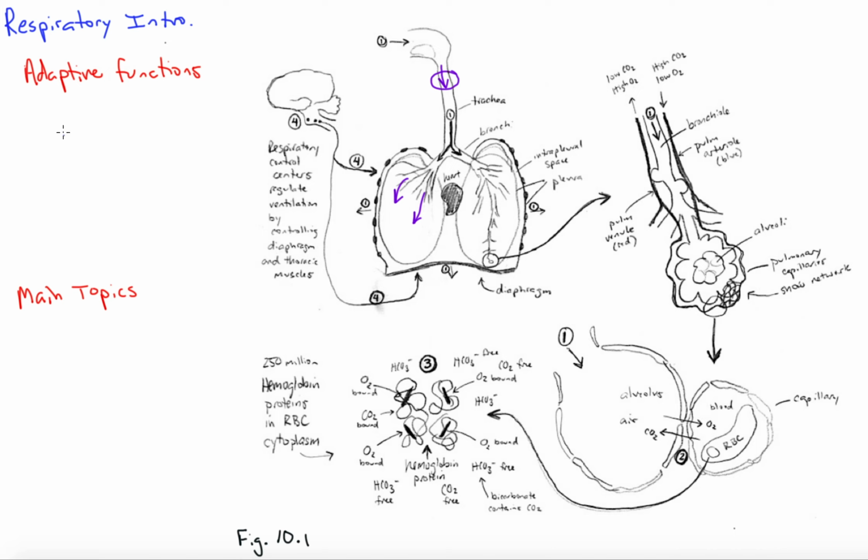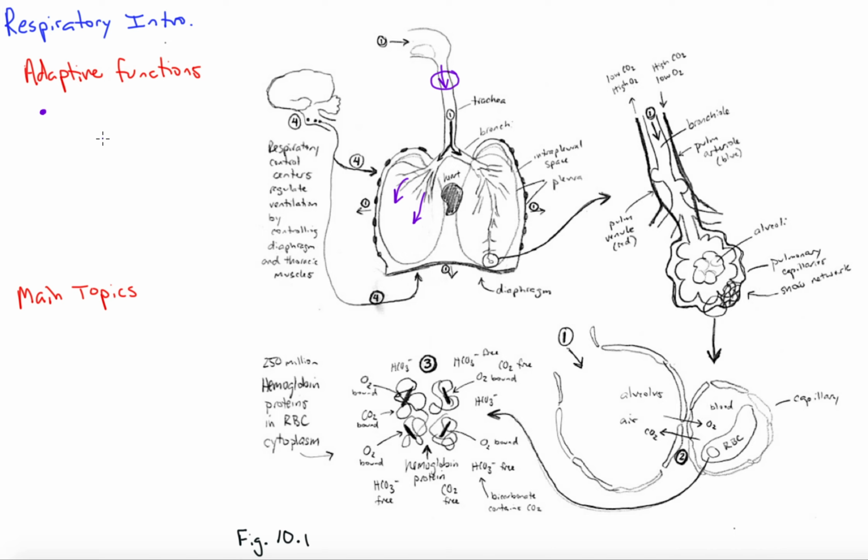And so one of our key adaptive functions here of the respiratory system is to aid oxygen and carbon dioxide exchange with the atmosphere. Again, in multicellular organisms, cells within the body cannot effectively diffuse these gases, oxygen and carbon dioxide, and exchange them directly with the environment.